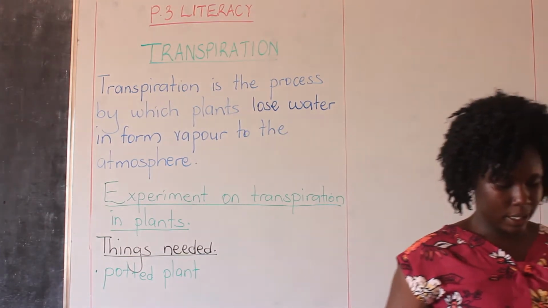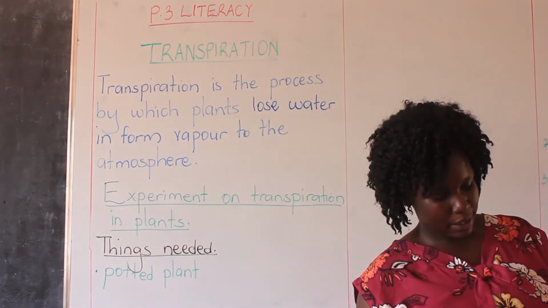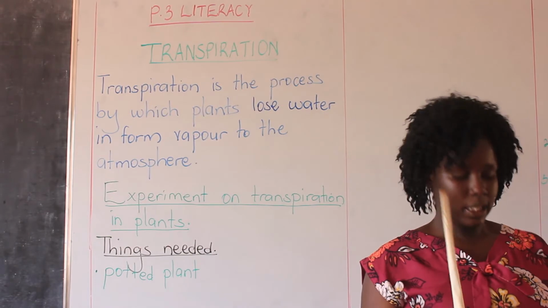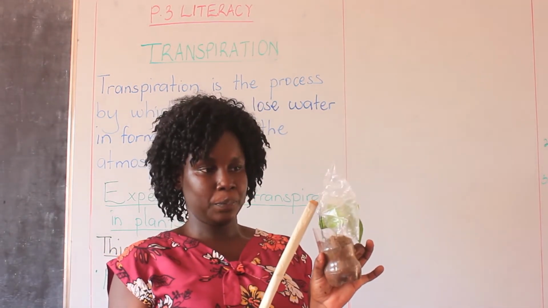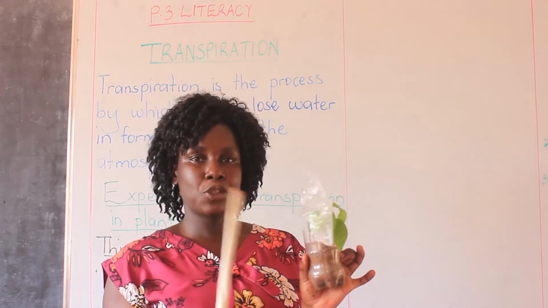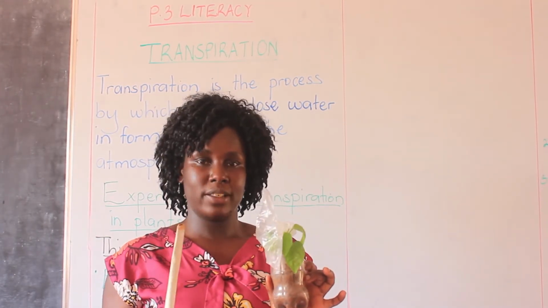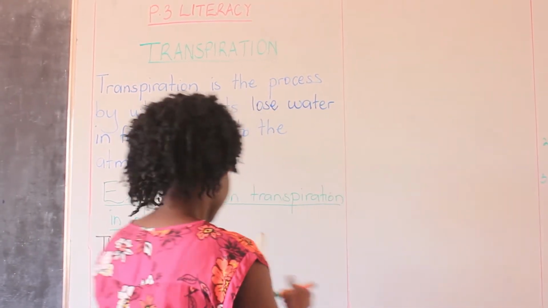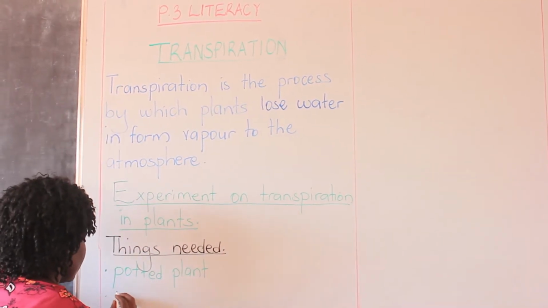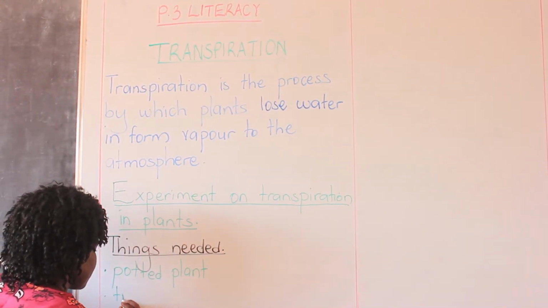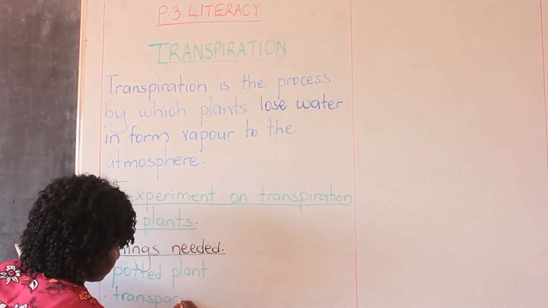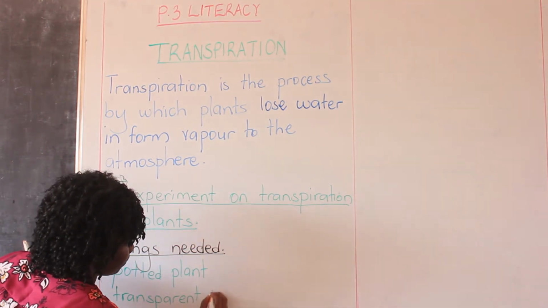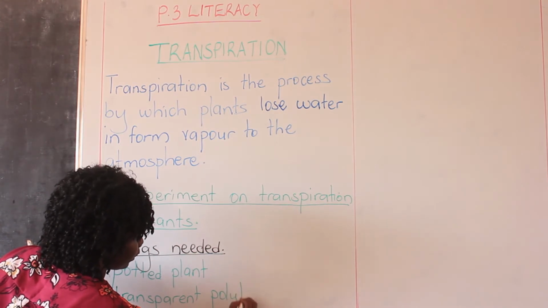Number two, look at this part here. This one is a polythene paper or polythene bag, but it has to be transparent. So we have transparent polythene paper, or you can call it polythene bag.